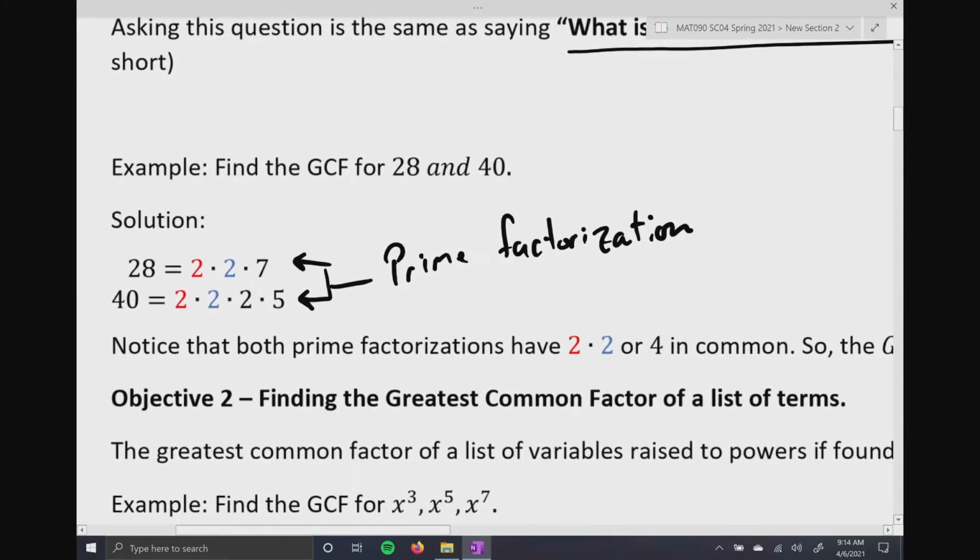All right? Now, I did something special here. I highlighted 2 of the 2's in red and 2 of the 2's in blue. And the reason why I did that is because notice that in both these prime factorizations, they have at least 2 2's. They share, oh, hold on a second. This marker's so thick.